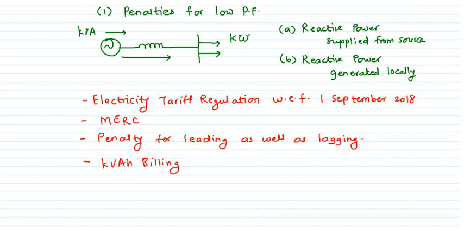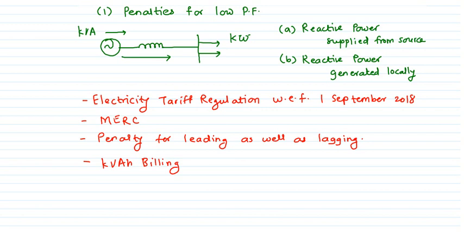Now the Maharashtra Electricity Regulatory Commission has decided to reduce the existing power factor related incentives and penalties by 50%. So whatever existed earlier, they have reduced by 50%, incentive and penalty accordingly. Before this regulation, the maximum power factor incentive was 7% at unity power factor, which has been reduced to 3.5%.